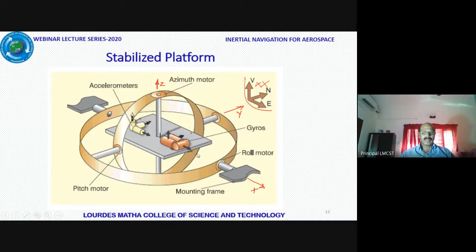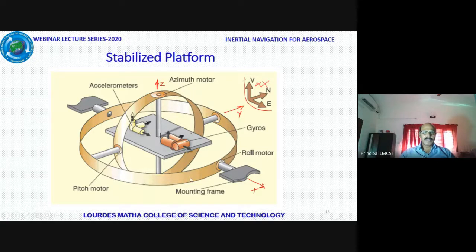And inside this gimbal, you have another platform. Again, that is gimbaled onto this point and the bottom of this ring, this axis, and that is the Z axis.